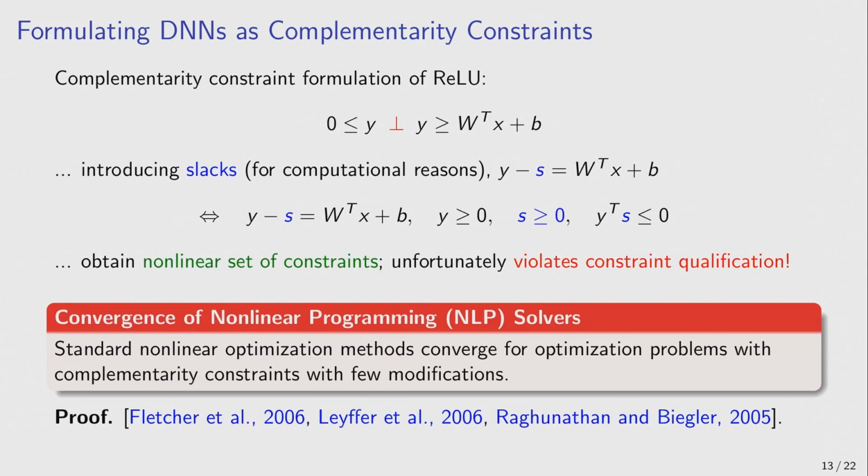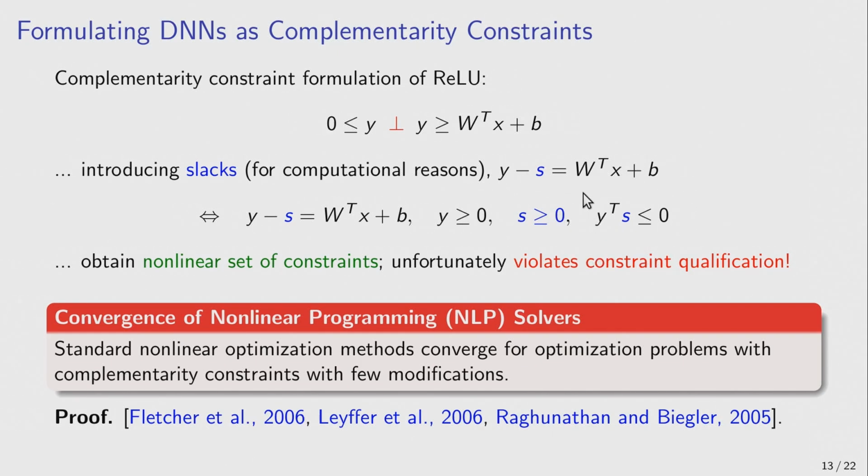Okay, so how do I model these complementarity constraints? There's, again, a simple trick, and this works really well in practice. You introduce slack variables as before. By introducing these slack variables and having one linear equation, I can now model the disjunction with one nonlinear inequality.